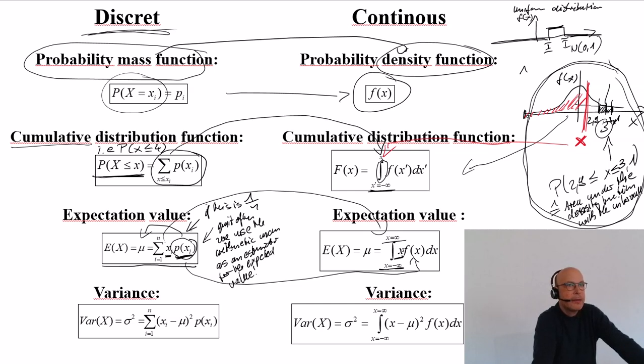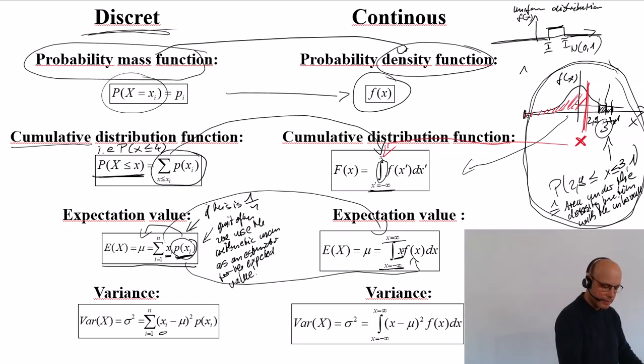Yeah, and then in general, we are interested in the, so to speak, most important measure for dispersion, and this is the variance, and the variance is defined as the summed up squared distance of every single event with respect to the expected value.